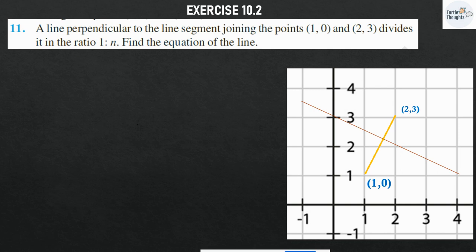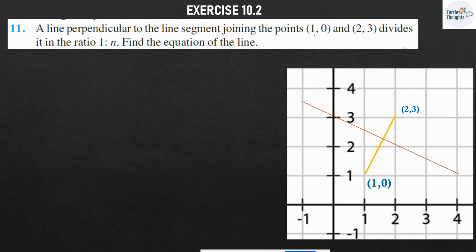Okay, now let me start solving the question. A line perpendicular to the line segment joining the points (1, 0) and (2, 3) divides it in the ratio 1 is to n. Find the equation of this line. So this is what we have to do. First, let me take x1 and y1 and find out the points.